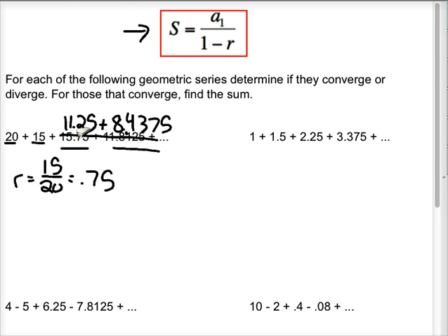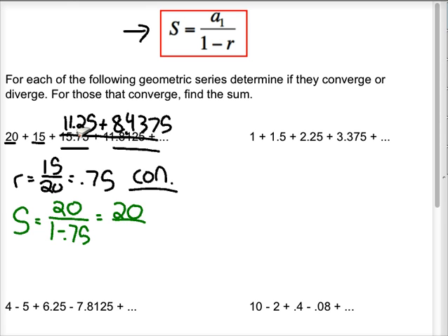So once I've identified that yes, it is convergent, now I can actually find the sum. And the sum is going to be that first term divided by 1 minus the R value. So 1 minus 0.75. Right, and again, you always want to calculate that bottom first.